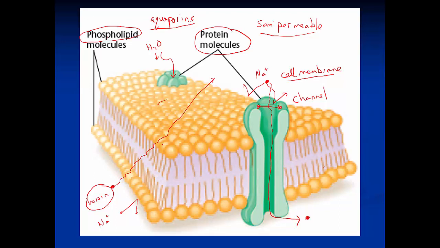Other things, sodium, potassium, neurotransmitters, glucose, all kinds of things that the cell needs, can't just pass through. They're always going to need these protein molecules. Some of these protein molecules are going to be channels that are basically tunnels through the membrane. Other things like glucose, we'll get into glucose transport a little bit later, but that's going to be different. But it still needs protein to help it get through.